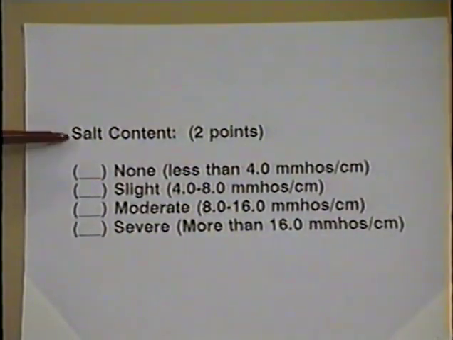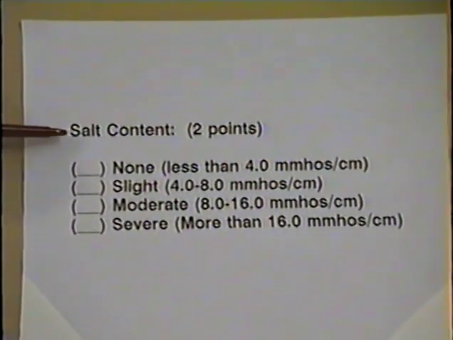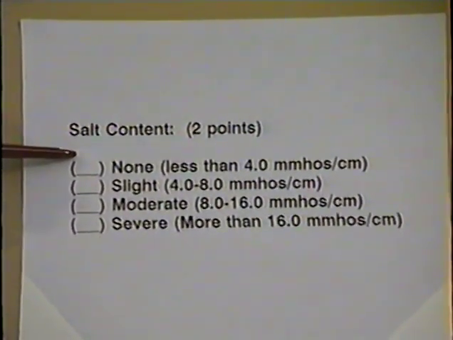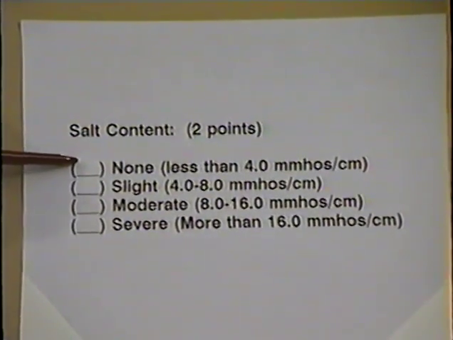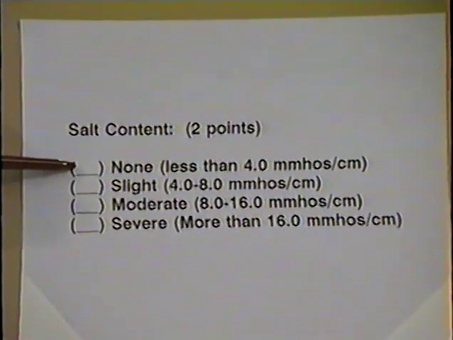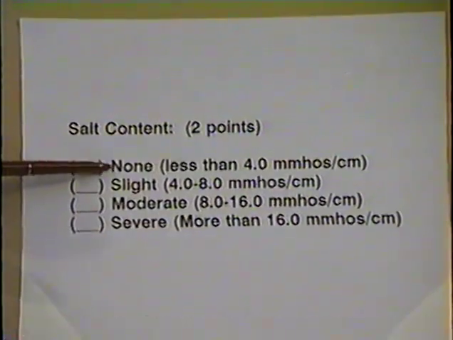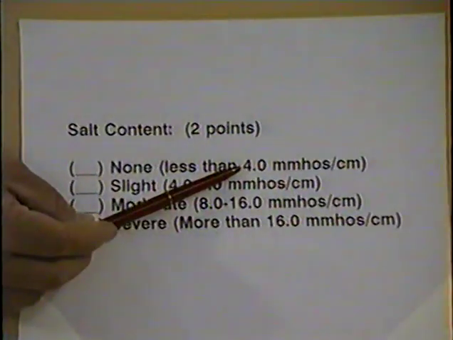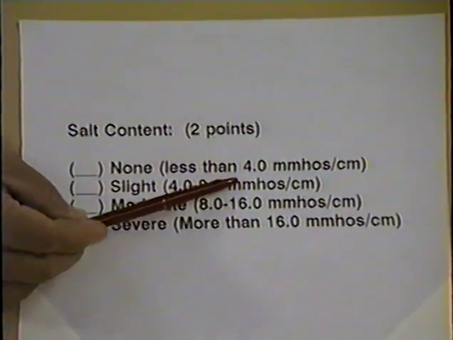There are two chemical properties that are important: the salt content of the soil, number one, and this would be data that would be provided to you at the site. This is laboratory data. There's no way that this analysis can be estimated very accurately in the field, because it's strictly a chemical analysis. The units used are millimhos per centimeter, an electrical conductivity term, and you'll have to study a little bit more about that.